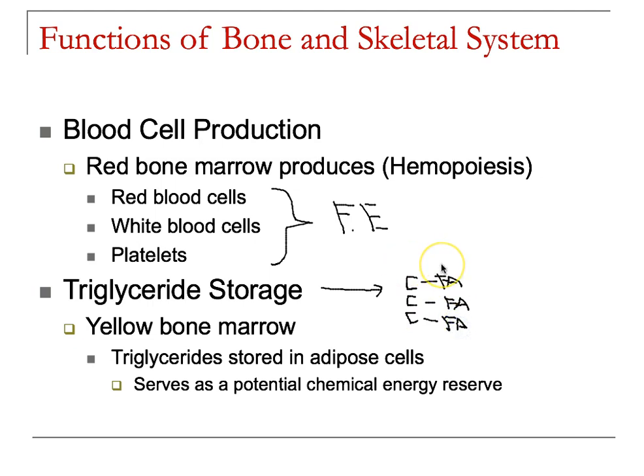These are dehydration synthesis reactions that attach the fatty acid to our 3-carbon glycerol backbone. That's review for your exam, general knowledge, but also as we age, we store it as adipose tissue inside of our bone, and it serves as a chemical energy reserve.